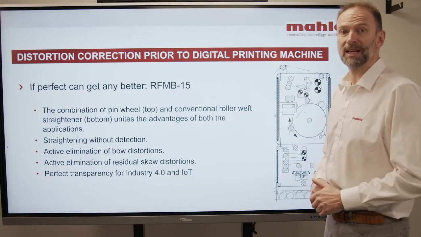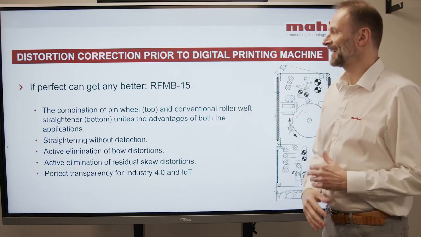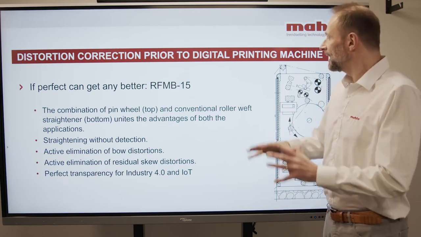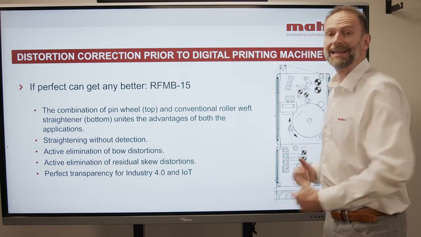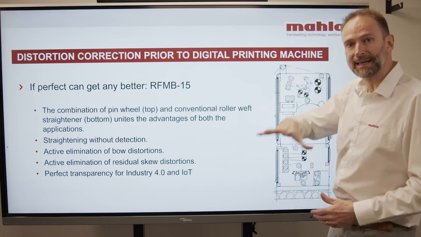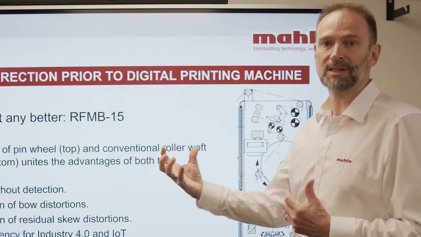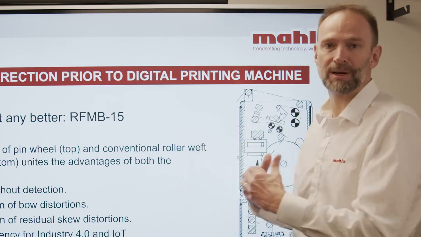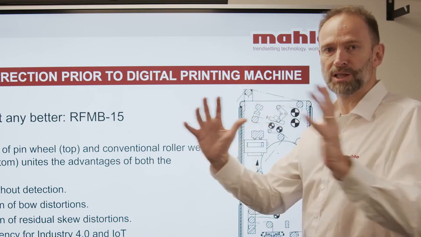But if you think there's no way to get any better, there is. Because if perfect can get better, you have to go for the RFMB. Here we don't have only the pinwheel, we also have an active straightener underneath. So we have the best out of two worlds. The pinwheel straightening, what we call a passive straightening, because the fabric is not really pushed into the position, it is looking for the position of its own.